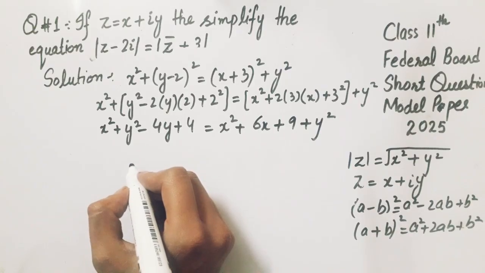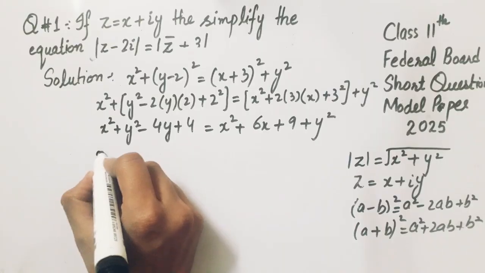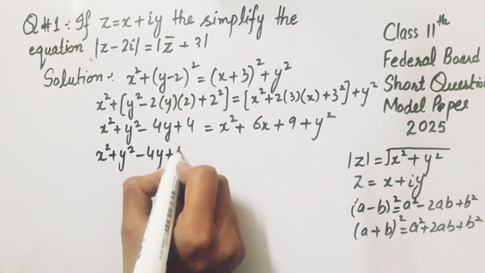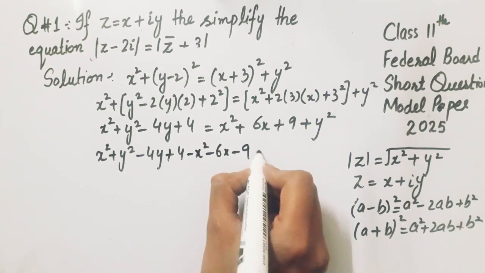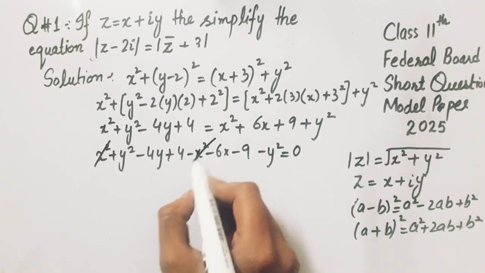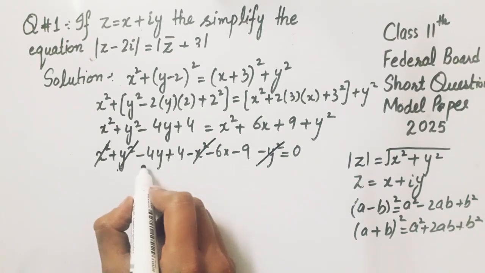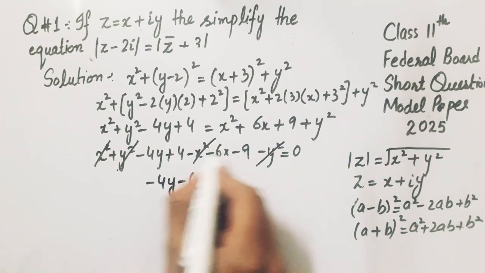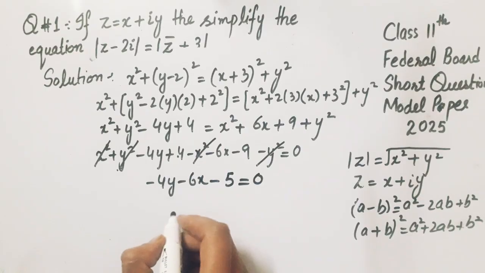Now we have x square plus y square minus 4y plus 4 minus x square minus 6x minus 9 minus y square is equal to 0. x square is cancelled by this x square, y square is cancelled by this, and we have minus 4y minus 6x, 9 minus 4 is minus 5 is equal to 0.